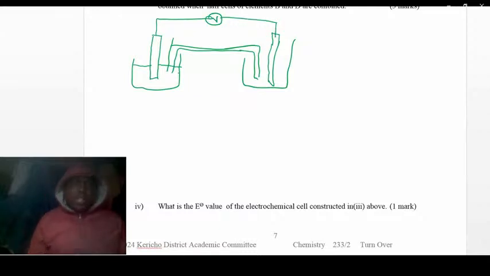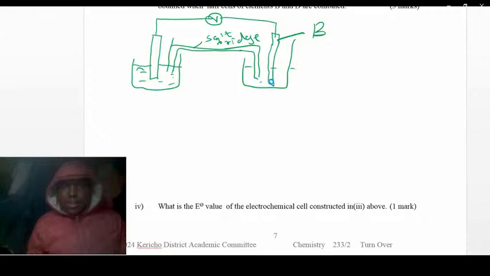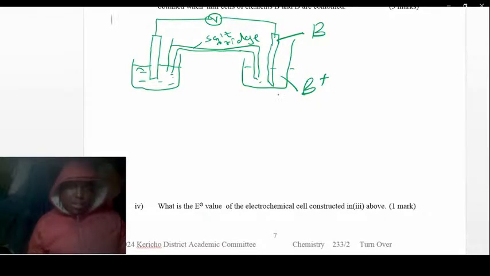Once you have drawn that, the most important thing is to tell us what is inside here, which one is going to be B, which one is D, and name the salt bridge. So if this one is B, then the solution inside here should be B positive ions. And this one is going to be D, and the solution here should be D positive ions.